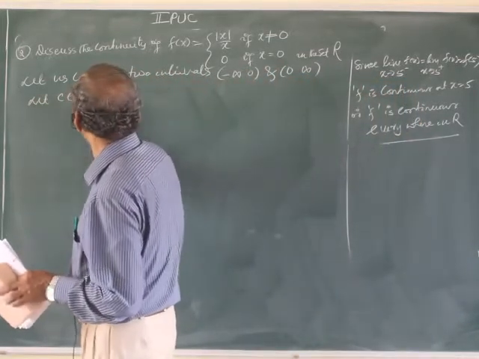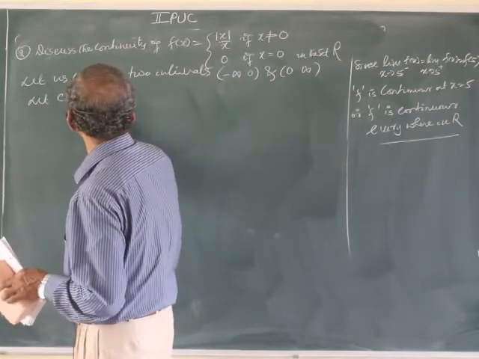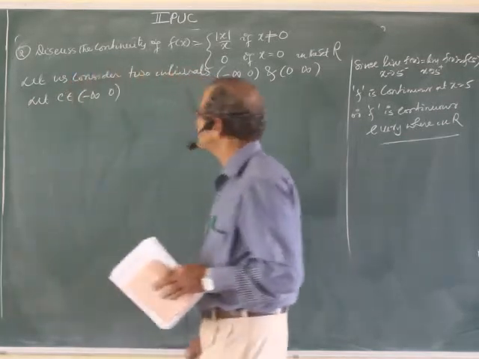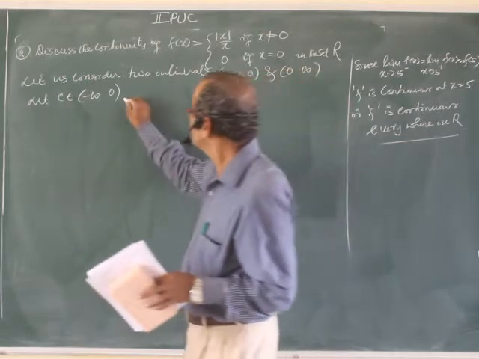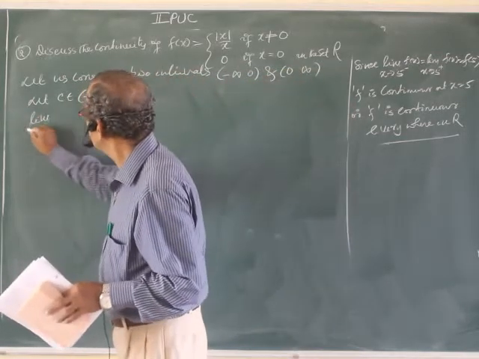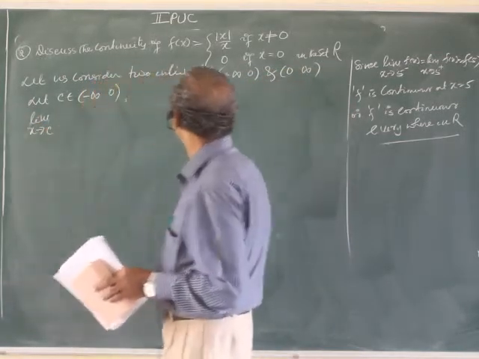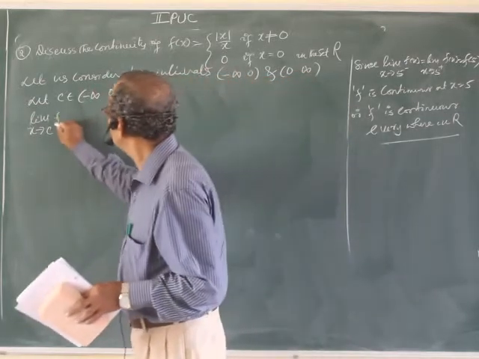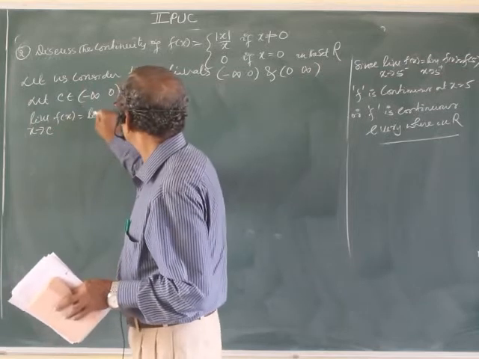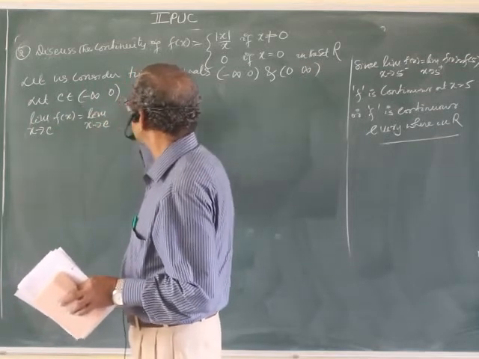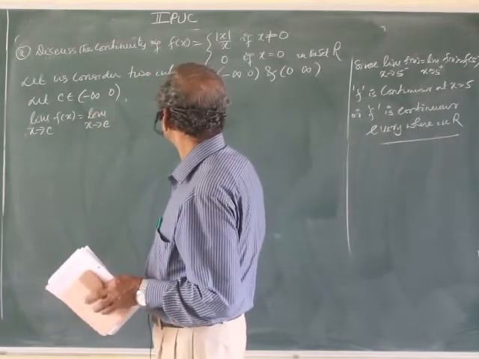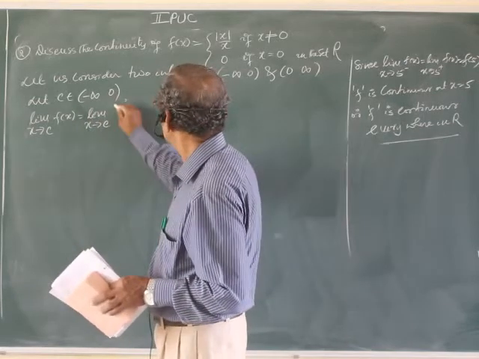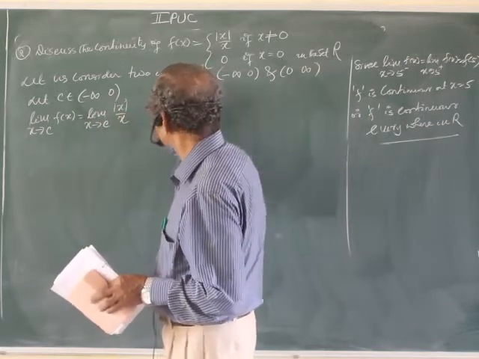Let C be an element belonging to the first interval. Limit x tending to C of f of x equals limit x tending to C of mod x by x.